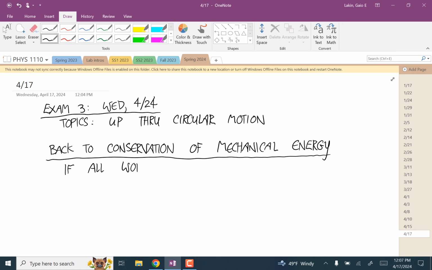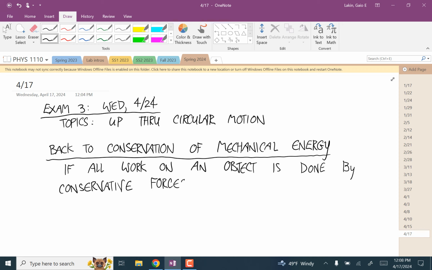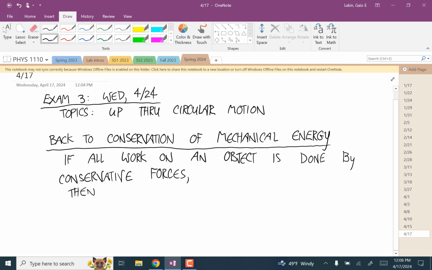If all work on an object is done by conservative forces, then the kinetic energy plus the potential energy at instant 1 is equal to the kinetic plus potential energy at instant 2.